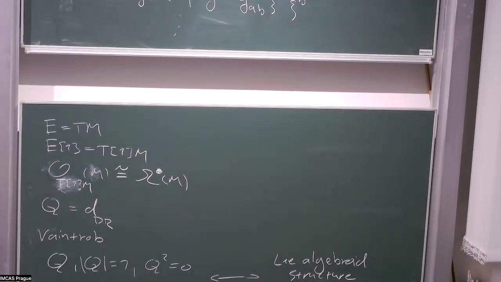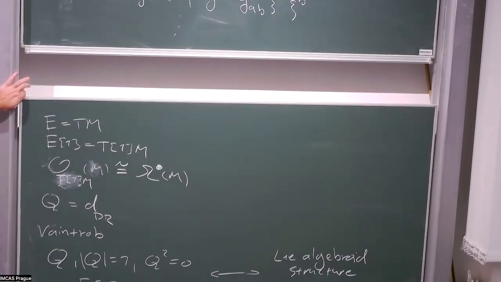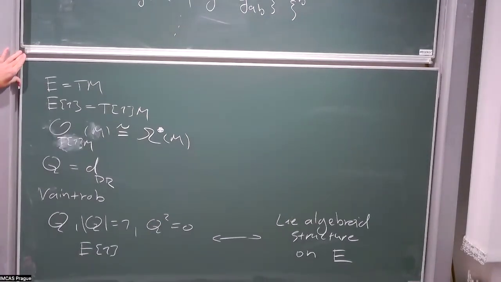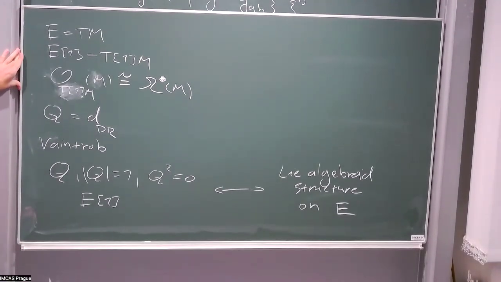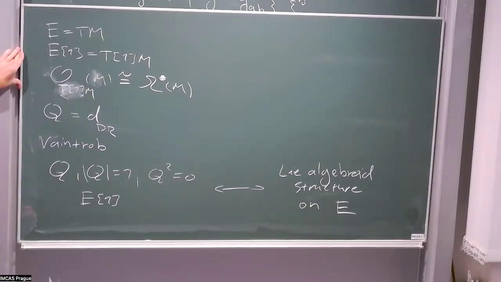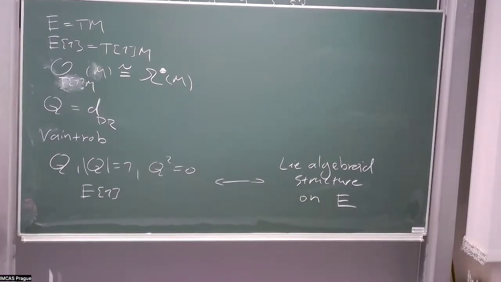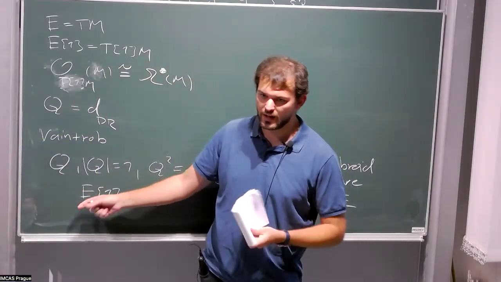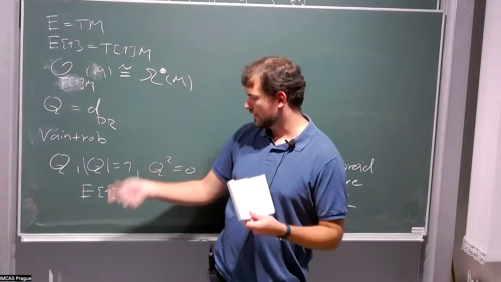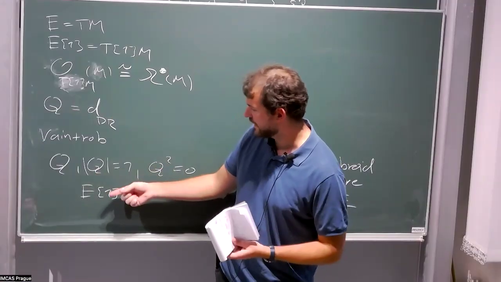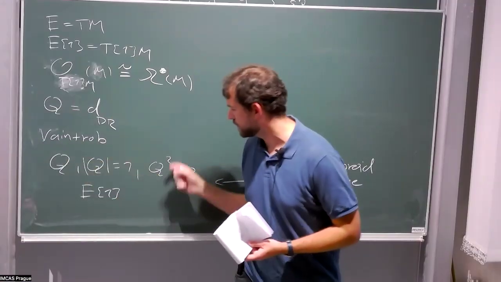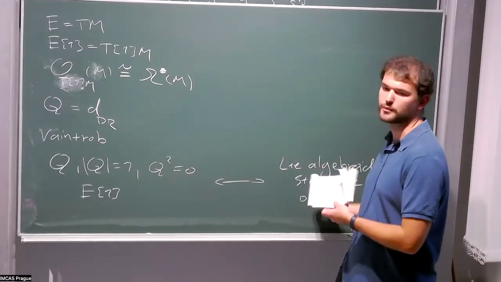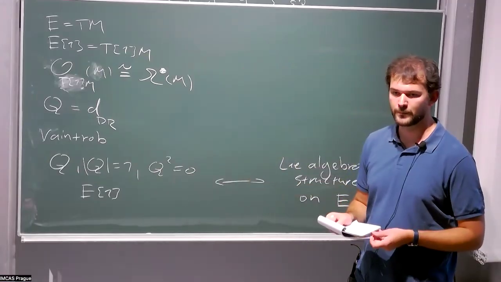Which would also be a special case of this theorem that every Lie algebroid structure corresponds to such a Q-manifold. Exactly. If you take the vector bundle to be just a vector space and you shift it, then you get a vector bundle over a point, and every choice of this Q structure is exactly a choice of algebra structure on the vector space.